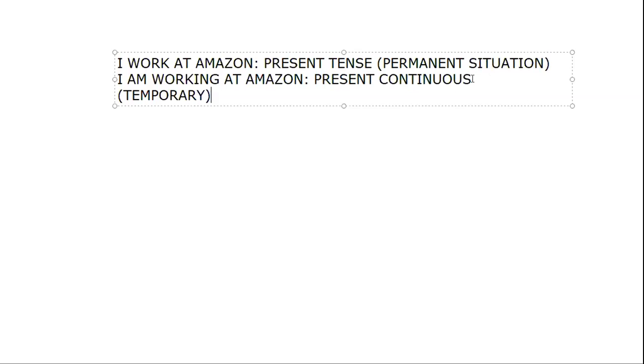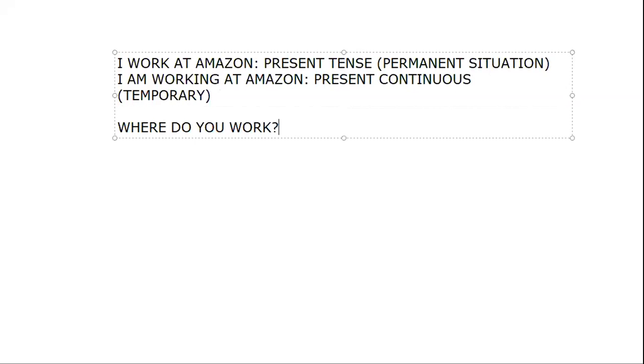But when you say, I'm working at Amazon, when you answer the question, what do you do? Or where do you work? If you answer that, I'm working at Amazon, it means that you are talking about a temporary situation. So it means you are planning to change your job or you really don't want to be there.